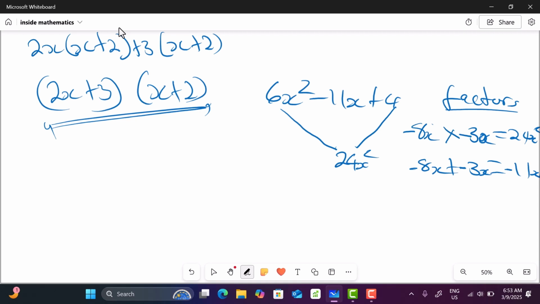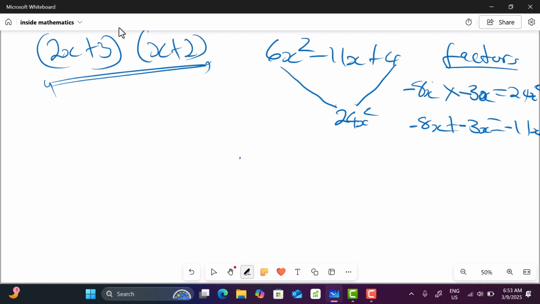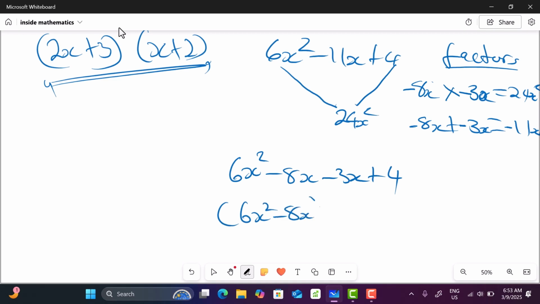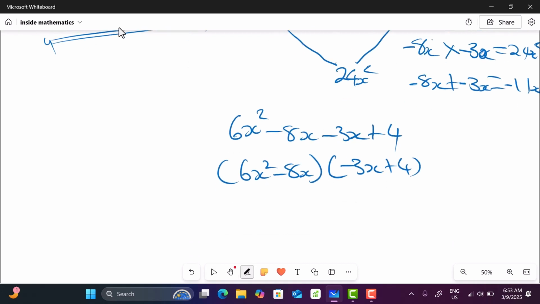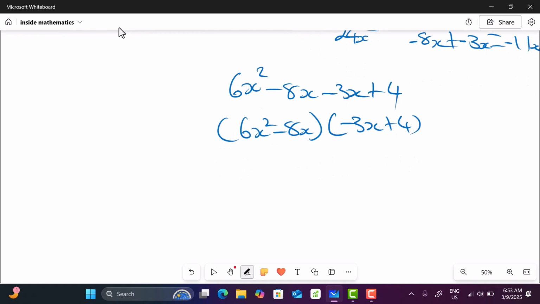Then after doing so, it is simple for us now to factorize. x squared minus 8x minus 3x plus 24. Then we group them. We group our expression here, bracket, minus 3x plus 24. After doing so, now we need the common factor.